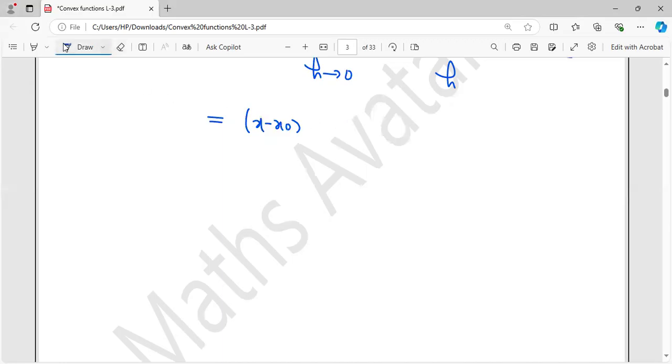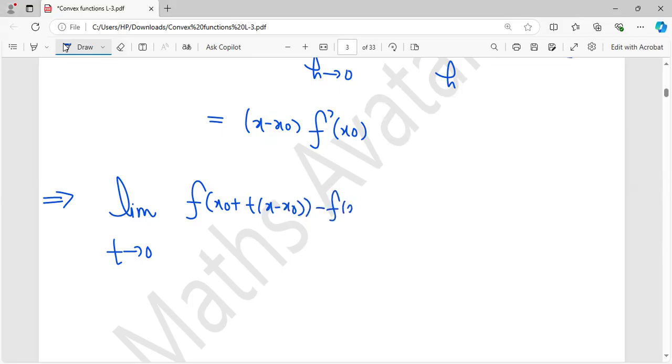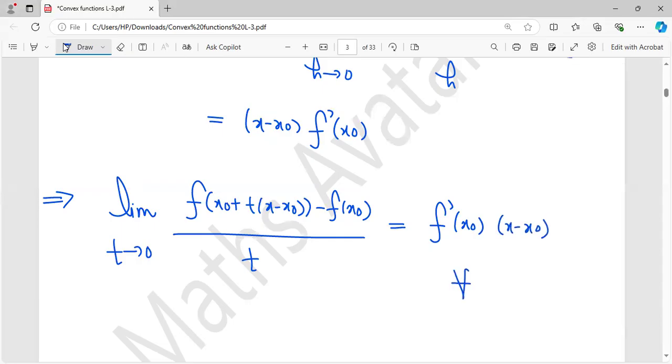So this is the derivative at x naught. So this implies limit T tending to 0 of f of x naught plus T times x minus x naught, minus f x naught, upon T is nothing but f dash x naught times x minus x naught for all x belonging to I. Okay.